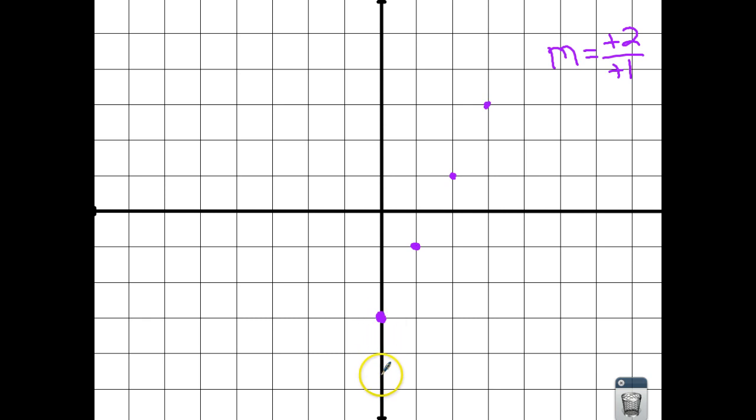Fall downward 2, go backward 1. So the other side of this will be -2 over -1, and both of them get a simplified answer of +2. Okay, get your straight edge and run your line right through those purple dots, and we should have similar answers.